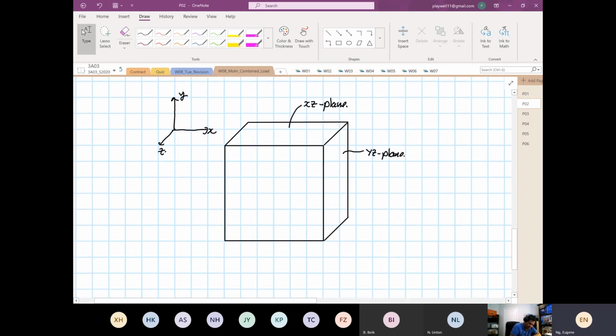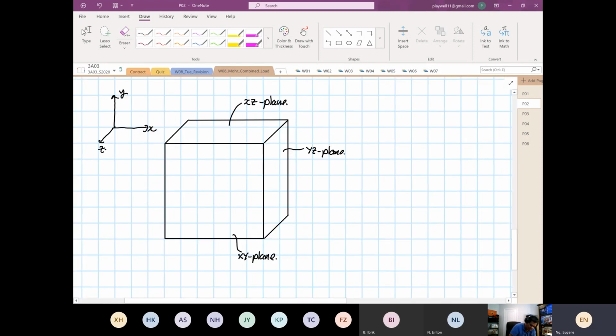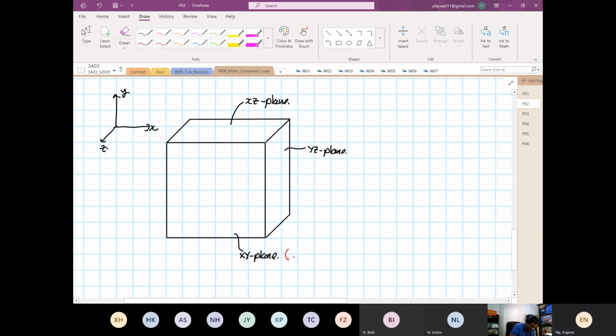And the plane over here is your XY plane. So by observation, we will call this in plane. And the other two will be out of plane.